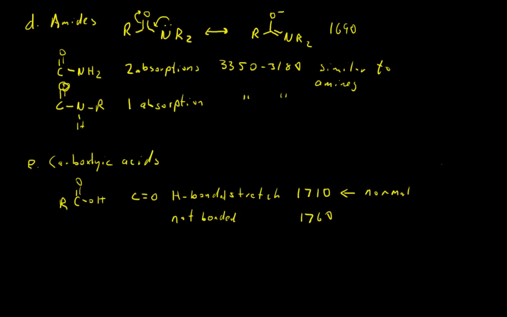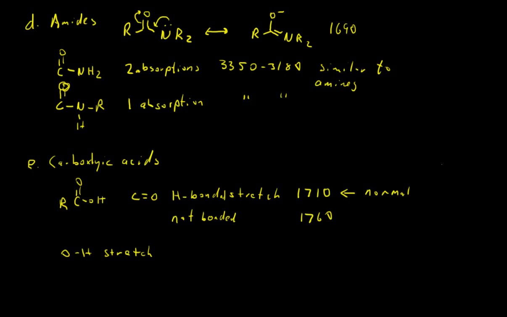And of course there's something else you have to look for, and that is the OH stretching frequency in a carboxylic acid, which you'd expect to be similar to an alcohol, but it actually is quite a bit different. It's enormous. And so these are all strong, these carbonyl stretching frequencies.